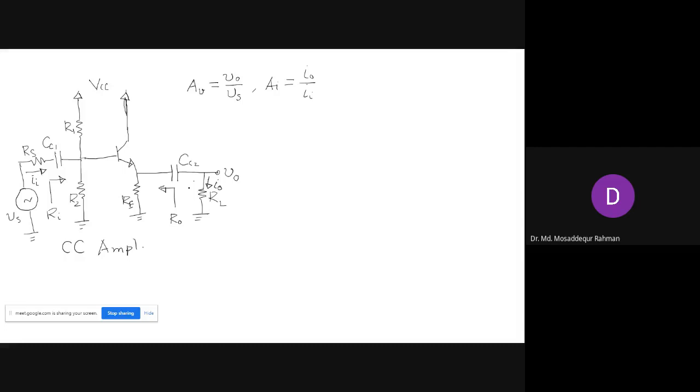So here also you need to do the AC analysis of the circuit. So you set the DC voltage to 0, and that will connect these two terminals to ground, and then make these two capacitors short.